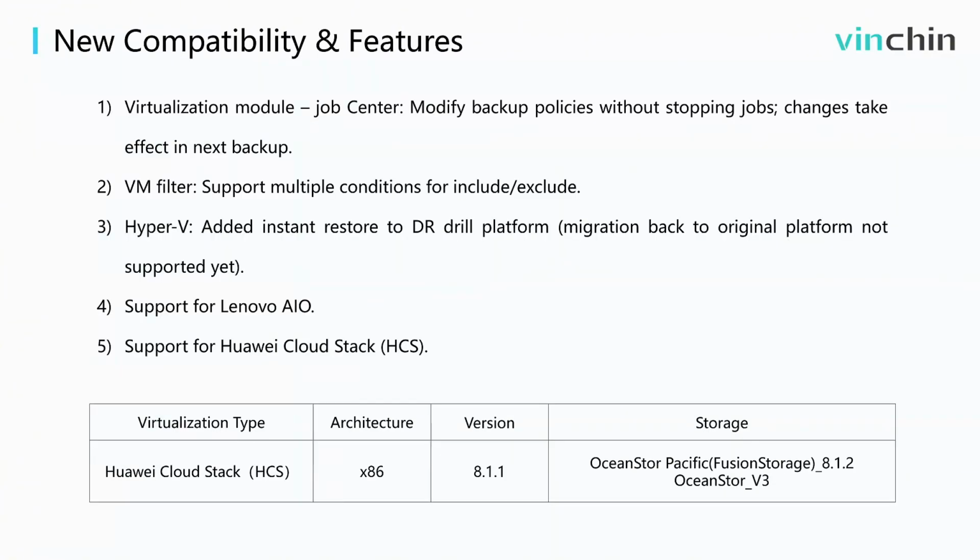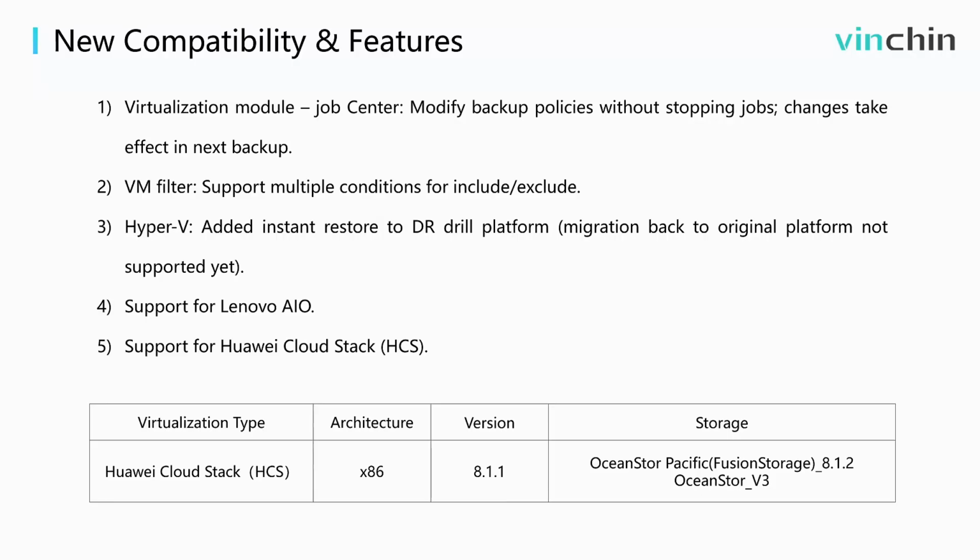And here are some new compatibility and features. For the virtualization module in the job center, we add the option to modify backup policies without stopping jobs. Changes take effect in the next backup. In the VM filter, we support multiple conditions for include and exclude.